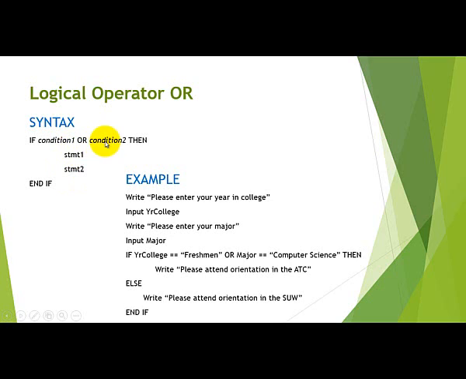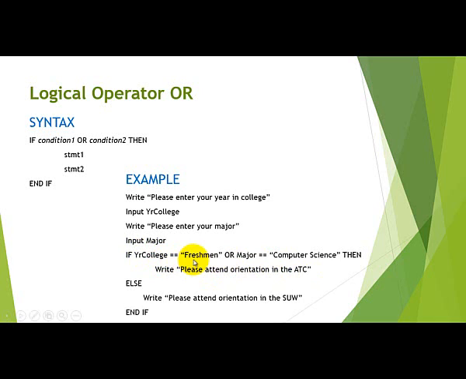If my condition 2 is true, it will execute this, regardless of what my condition 1 is. So for my example, same thing. If my year in college is freshman or my major equals computer science, then please attend orientation in the ATC, which means that all freshmen and all computer science majors will attend orientation in the ATC.